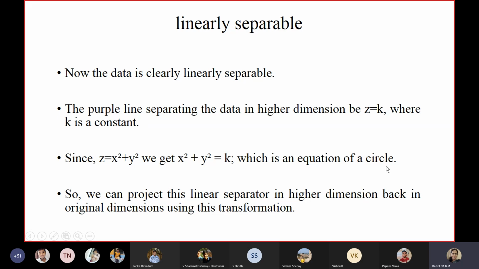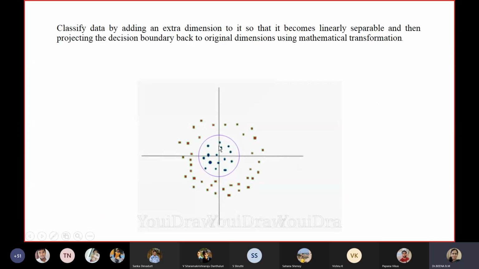So now we can project this linear separator, that is Z, into higher dimension back into the transformation. So when we introduce this Z, how is this data bifurcated? See here how this data can be visualized. When the third dimension is added to the graph, this is visible.